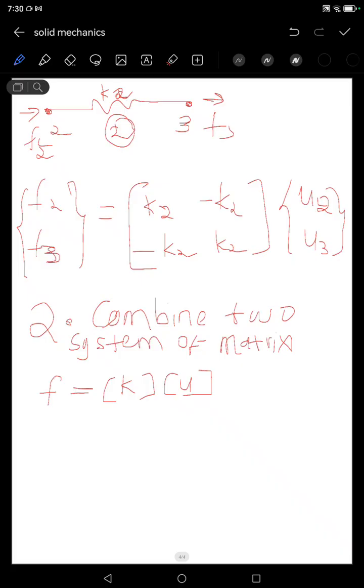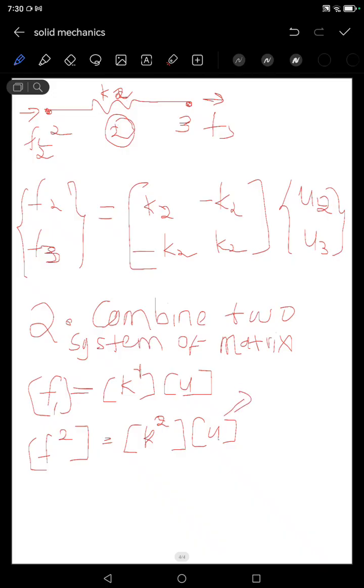We're going to have this one for element 1 and this one for element 2. The 2 here shows that we're dealing with element 2. Going ahead, we're going to write this out using the overall displacement, the U.